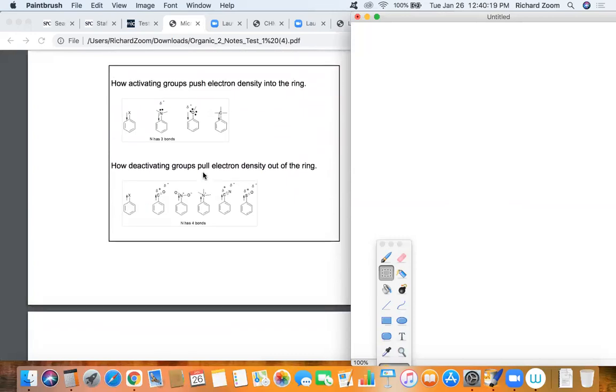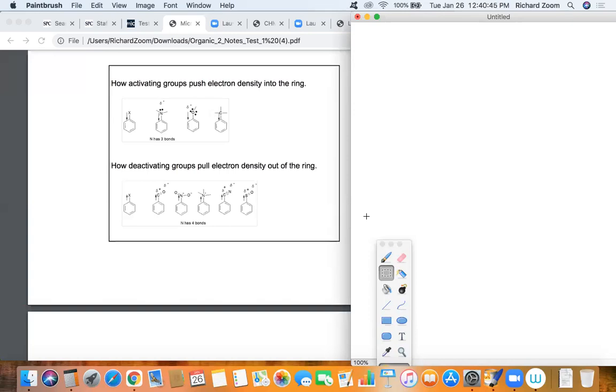The way that these push electrons into the ring is because they either have a lone pair of electrons, or in the case of the alkyl group, they can push electrons into the ring via what I'm calling hyperconjugation. And hyperconjugation is the electrons in the C whatever bond.